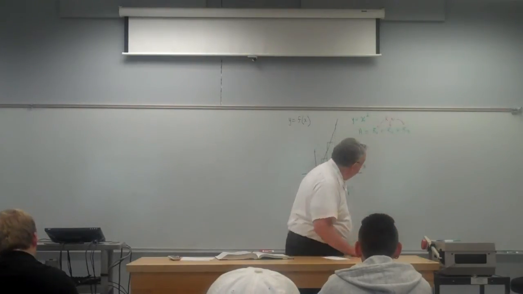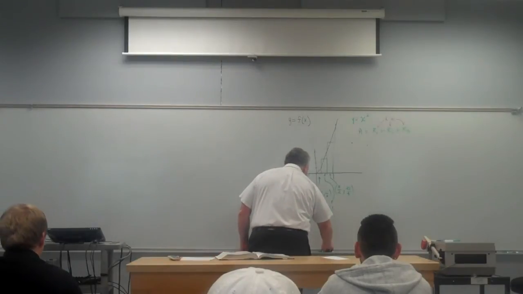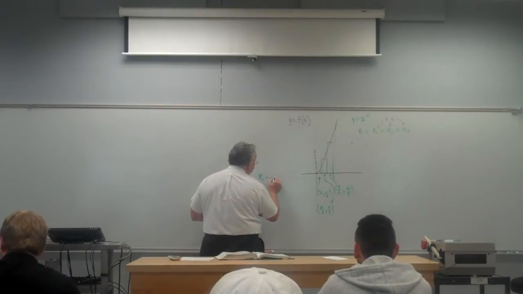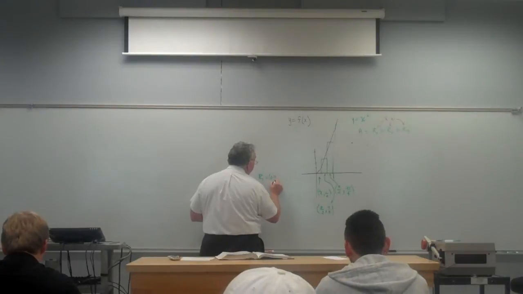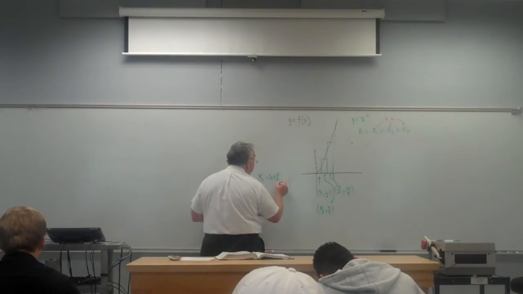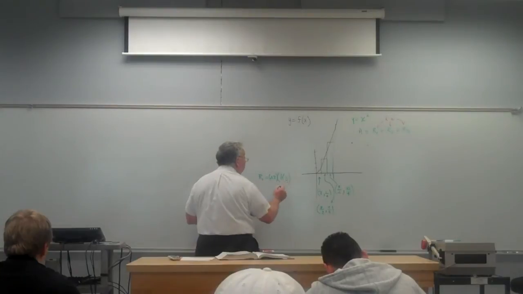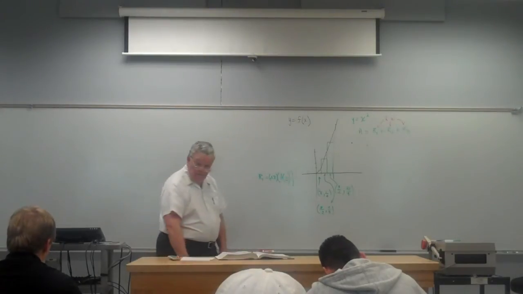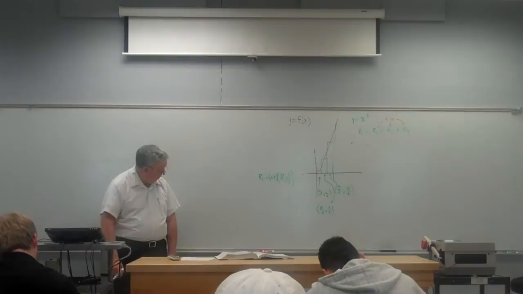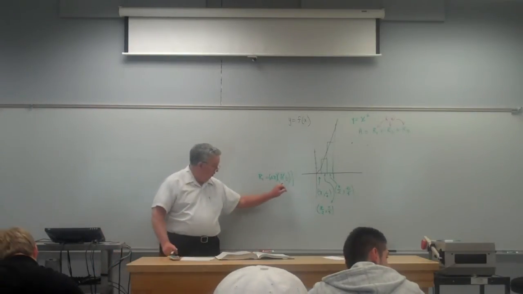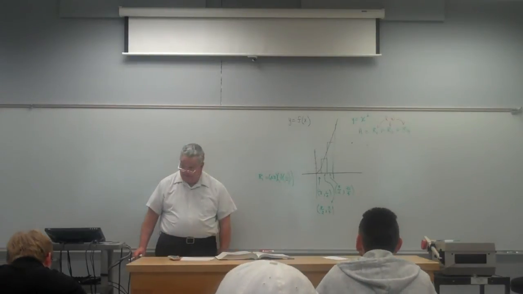So in particular, R1 is equal to delta x, and we'll talk about that in a minute, times f of 1/2. What do you think? What I'm trying to say is the f of 1/2 business.